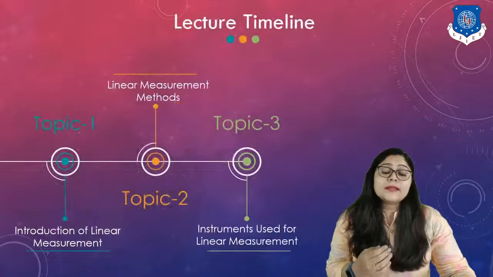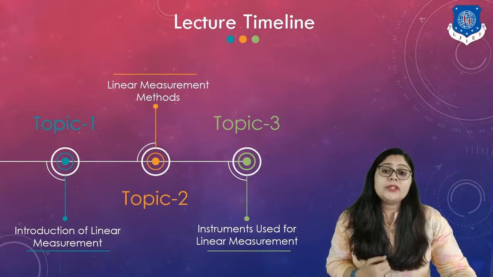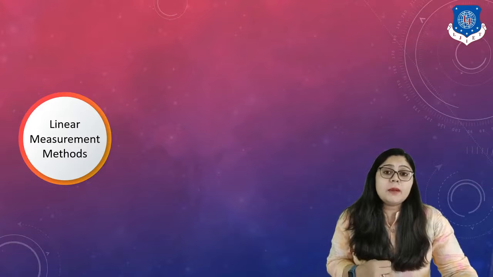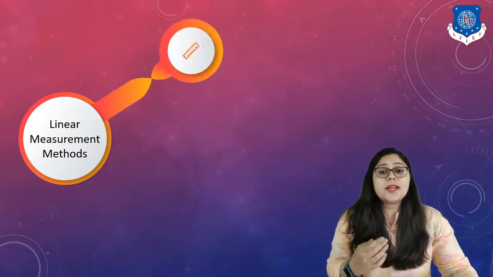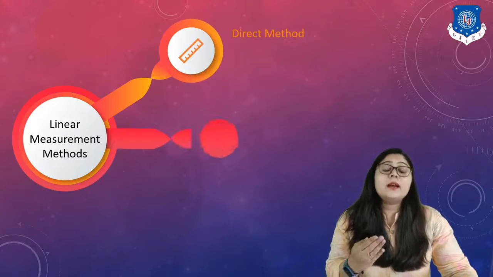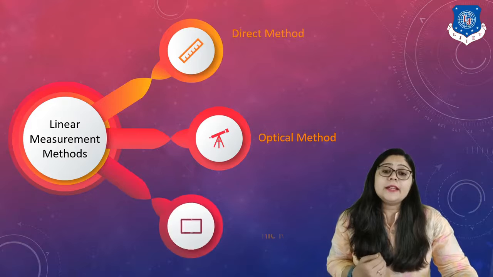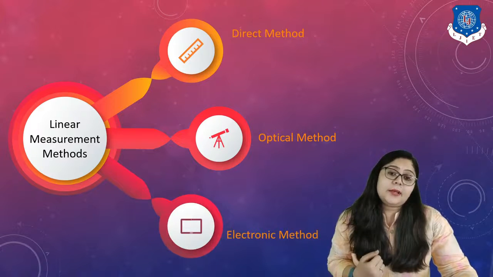Now, let's start our second topic, which is linear measurement methods. Basically, various methods are used, but they are broadly divided into three types, in which the first type is the direct method, the second type is known as the optical method, and lastly the electronic method.